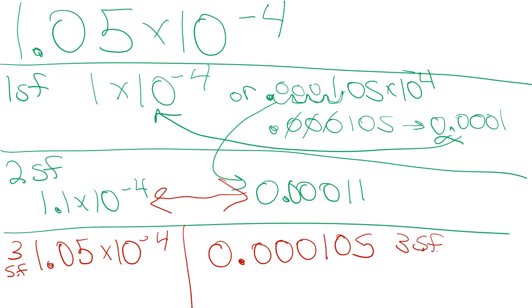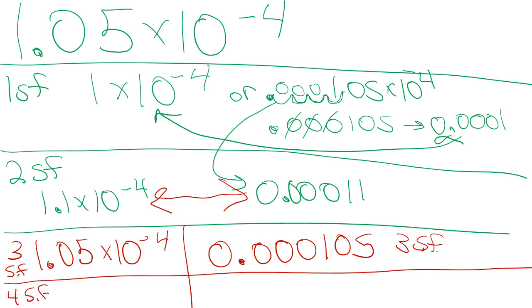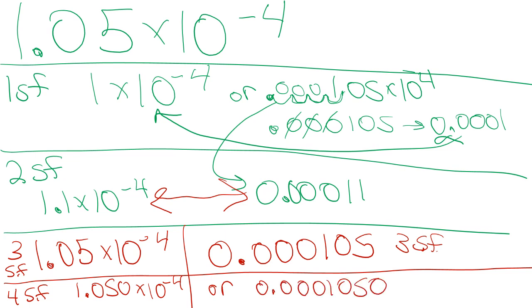And lastly, 4 sig figs. We could do that 2 ways: 1.050 times 10 to the negative fourth, or 0.0001050. Both of those are 4 significant figures.